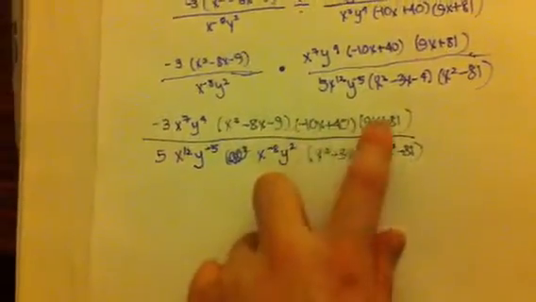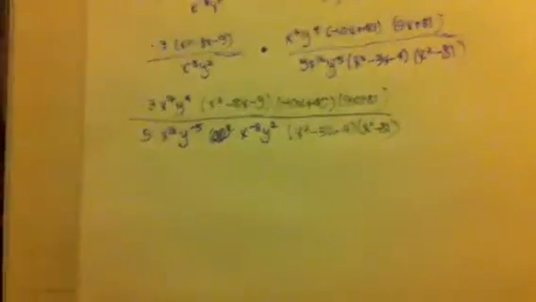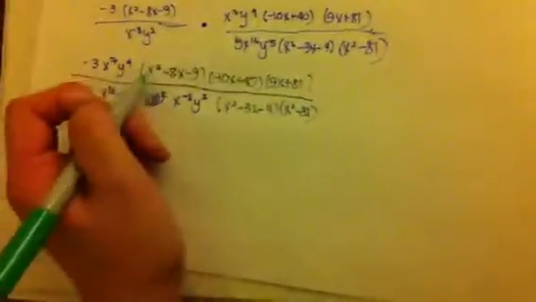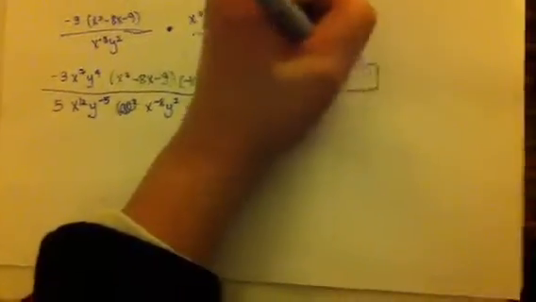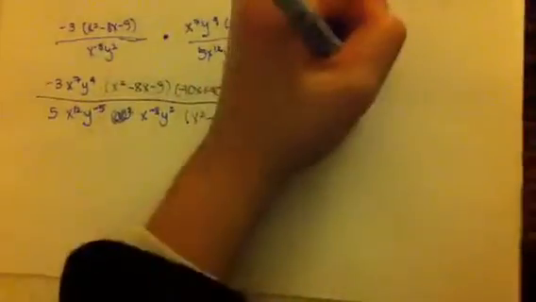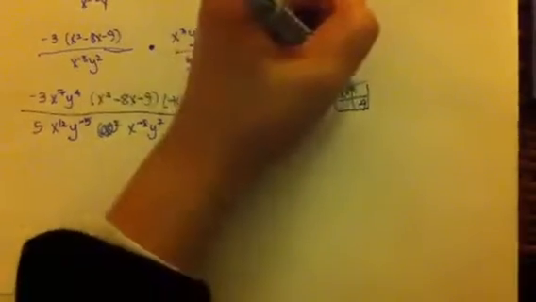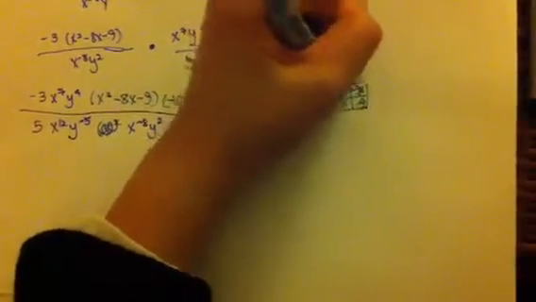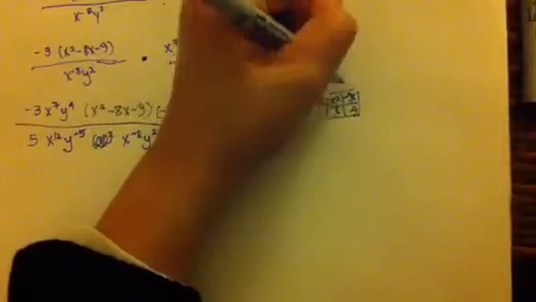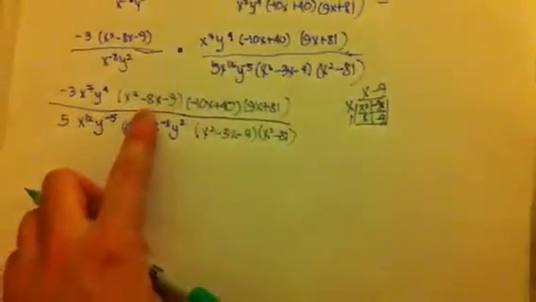But before we can do that, we need to factor as much as possible so we can simplify. You can use the box to factor. Let's factor x squared minus 8x minus 9. It multiplies to negative 9 and adds up to negative 8. Well, negative 9x and x. So we have our two factors.